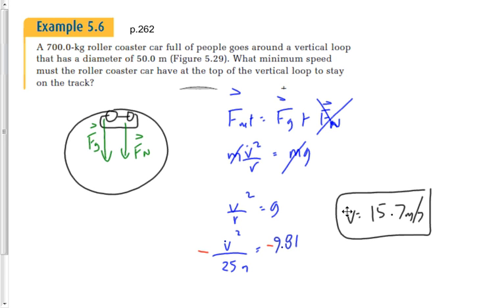So if you're going 15.7 or 15.8 meters per second, you might be a little scared on this roller coaster because you're barely going fast enough to make it around the circle. But you'll make it around. If you're going 15.6, what's going to happen? Well, you're almost going to make it around, but not quite. So what's going to happen to the roller coaster when it gets to the top? It's not going to fall straight down, but it's not going to stay on the track.